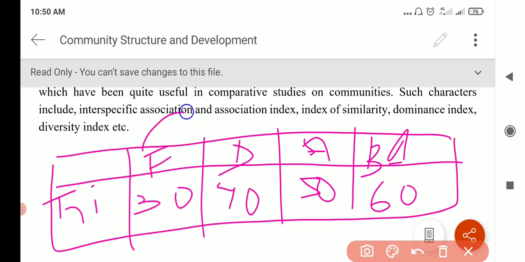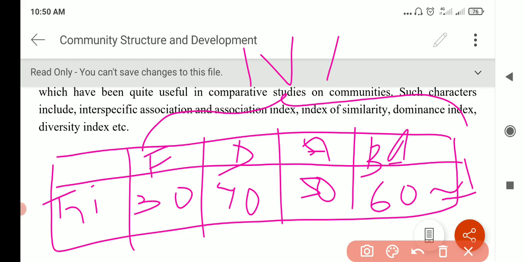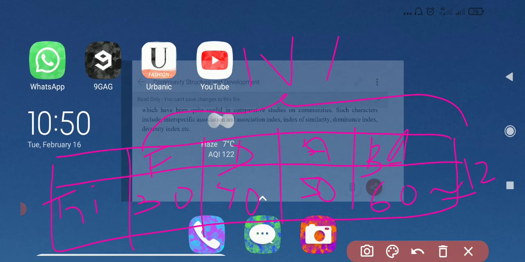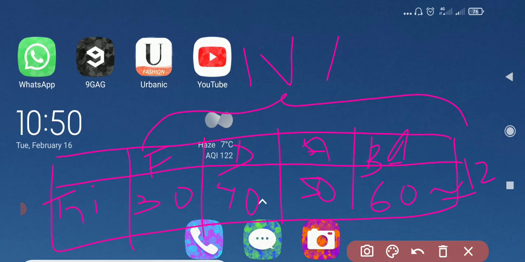Then you total all these, and the sum of all these will give you the importance value index. Let's say roughly this is like 120%.